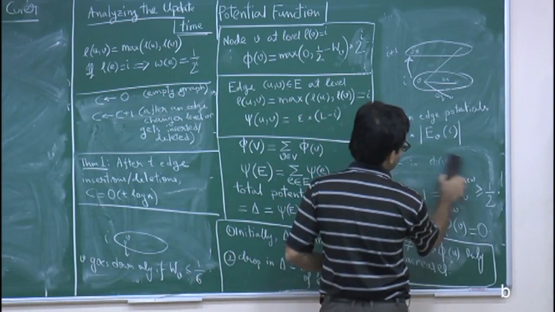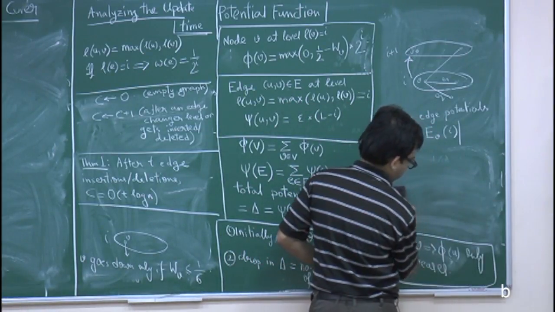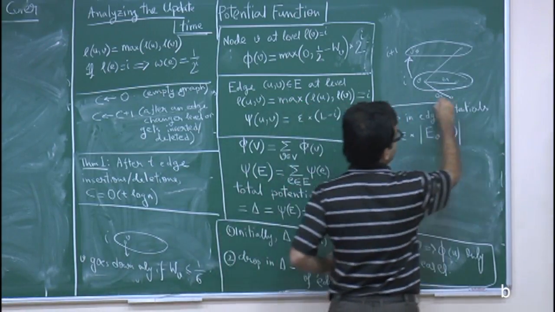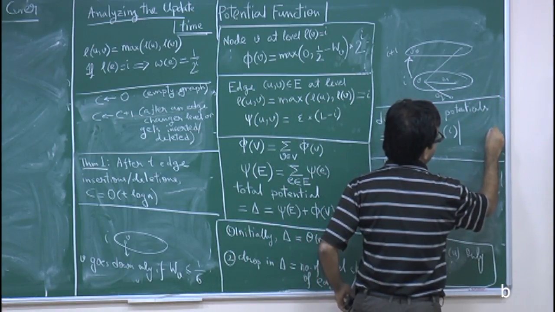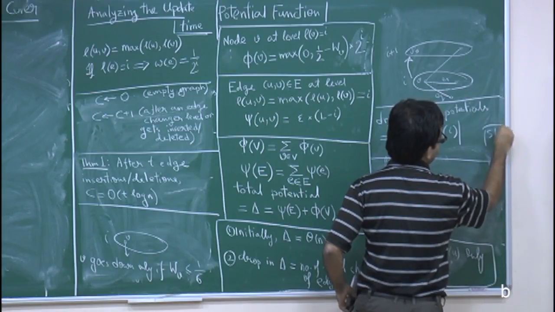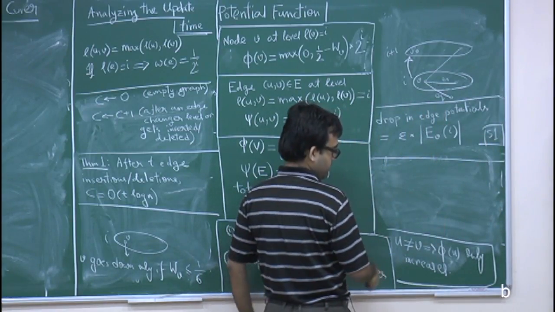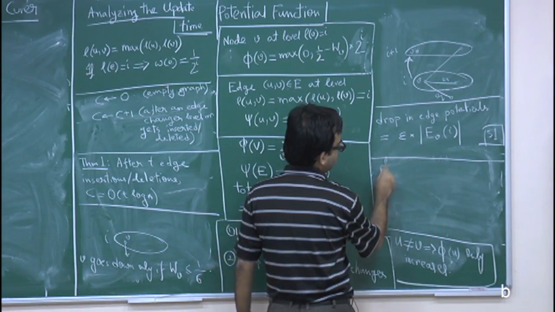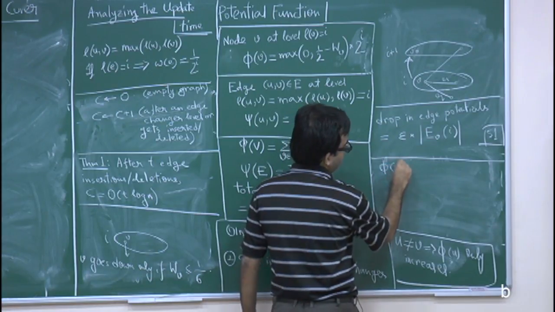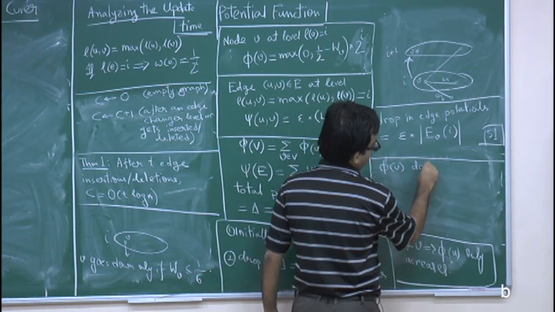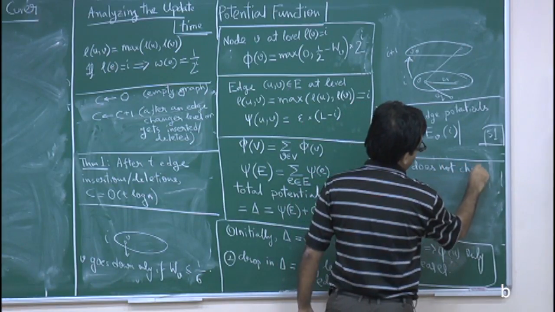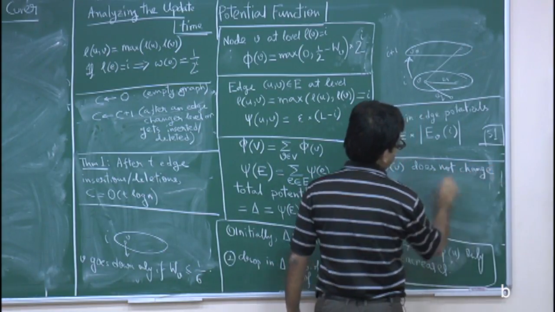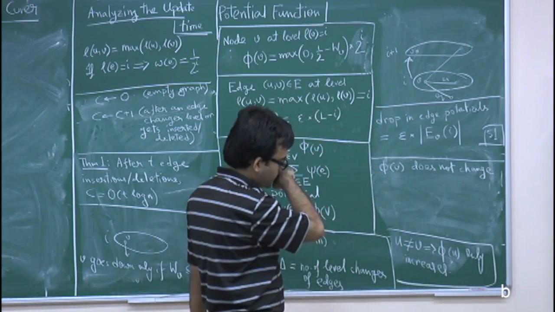Let us just write down what we know. We know this. Let us say this is statement 1. So, this is S 1, and we know that the potential of V does not change.